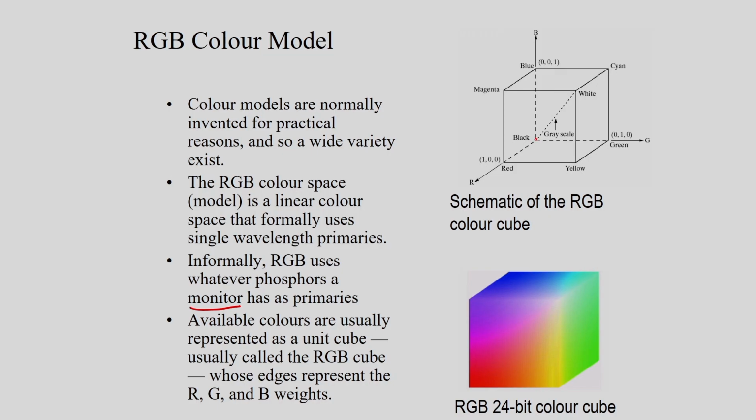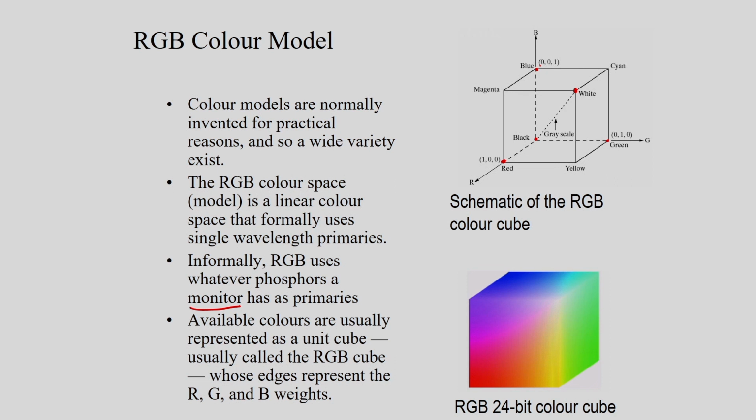The origin is black, and this point is the white point, and the line joining black and white is the intensity axis. So the grayscale is shown, and you can see the primary colors and the secondary colors in the RGB cube. This is the red point, the green point and the blue point.